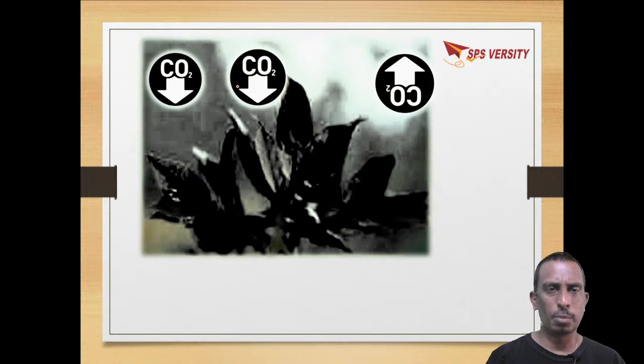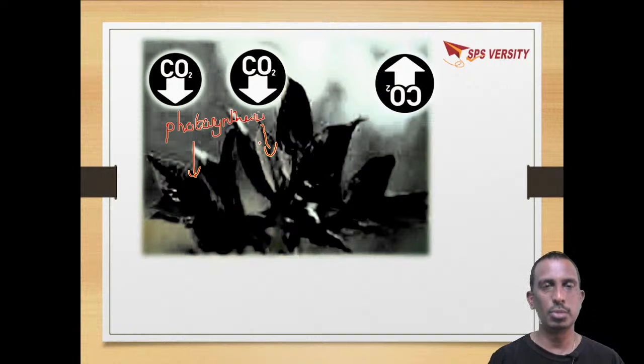Whatever carbon dioxide is present in the atmosphere is used by plants for photosynthesis. In photosynthesis, carbon dioxide is one of the raw materials which the leaves use. And in plants, we can also see respiration.